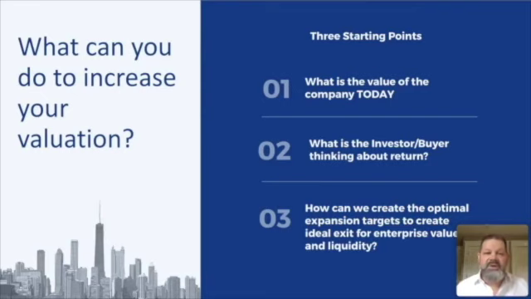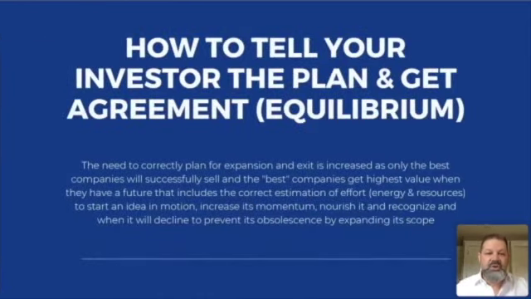Now, you still have to be able to make those milestones and make that cash flow argument to your investor. So how is it that you're going to do that? How are you going to create those expansion plans? There's something that's a bit theoretical, but I want you to make sure you look at it. This is a discussion about how you tell the investor the plan and get their agreement.